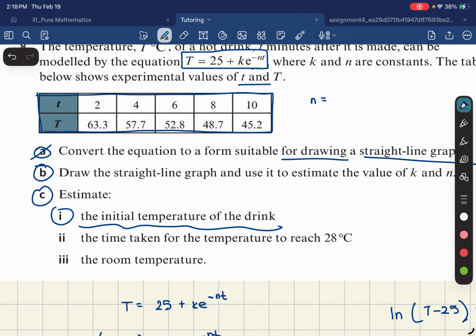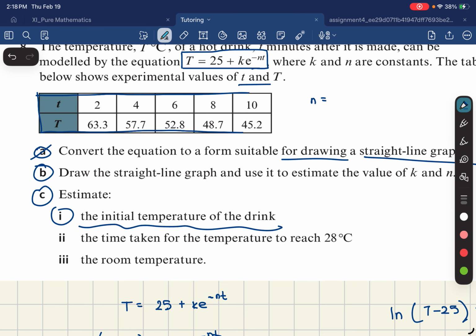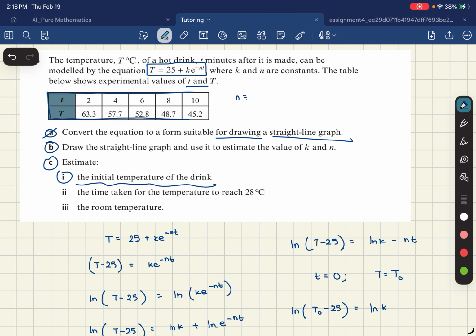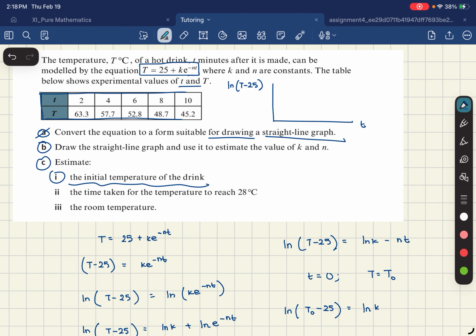If you plot the graph, this question is going to be a bit easier, but I haven't plotted the graph. On my y-axis, I have ln of T minus 25, and on my x-axis, I have t.